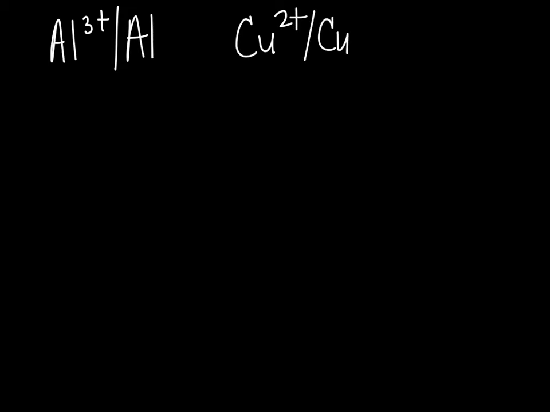Okay, so you need to find these two half reactions from that reduction table. I just want you to write them down the way that you see it on the reduction table with the voltage. So the aluminum one would look like this.